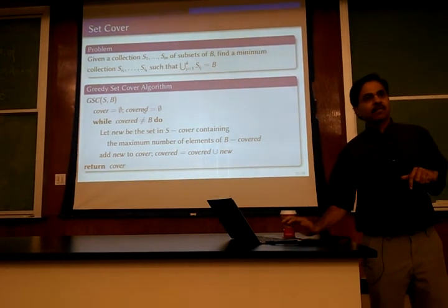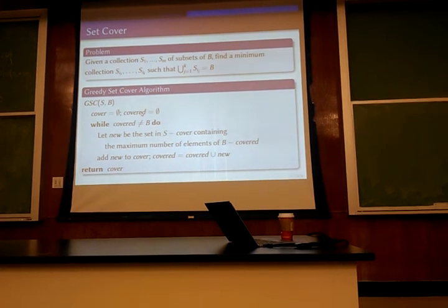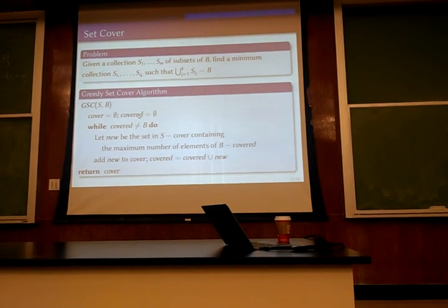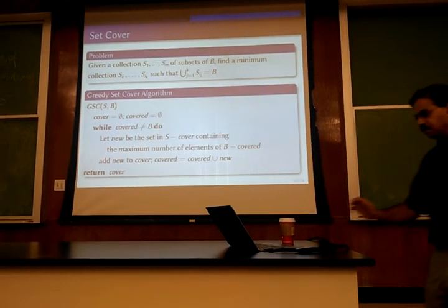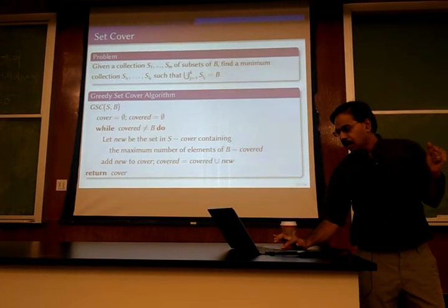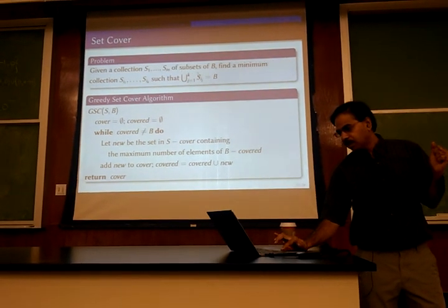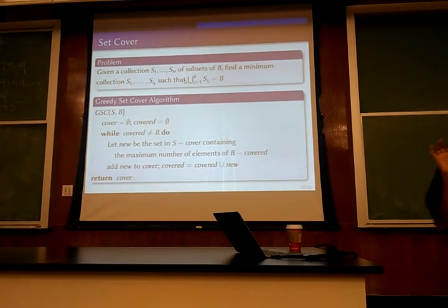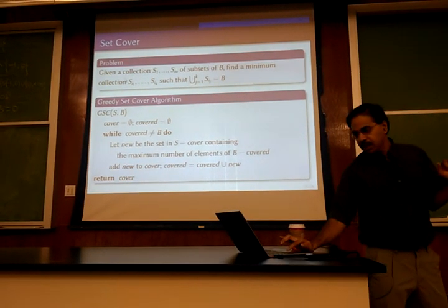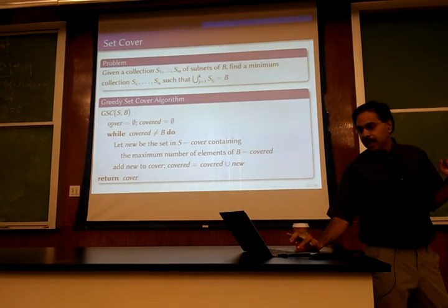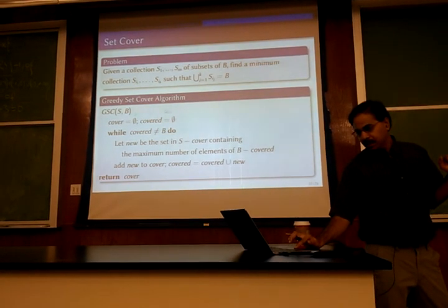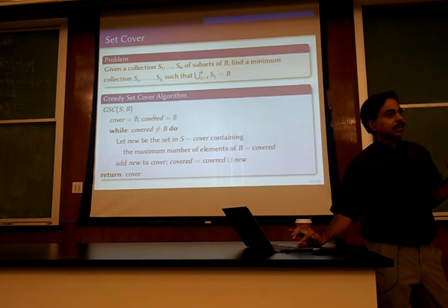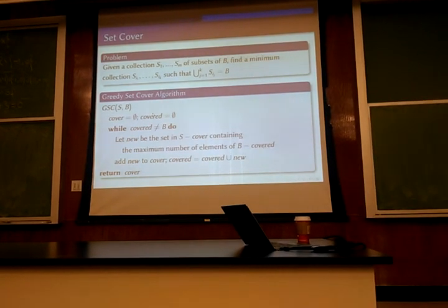So covered refers to all the elements you have covered so far. You have so far picked some number of sets, okay? The sets that you have picked are going to be in cover, and the union of the sets that you have picked is going to be called covered, right? Because those are the elements in B that you have actually covered.